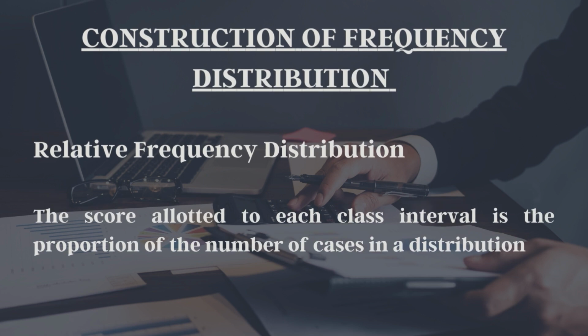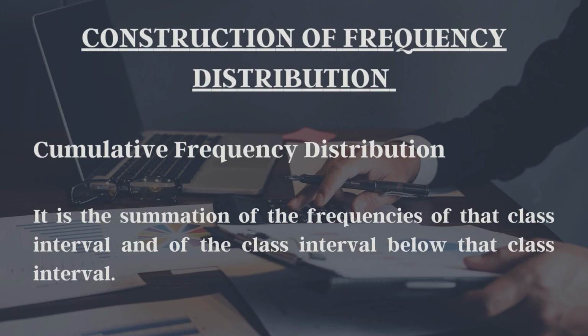In the relative frequency distribution, the score allotted to each class interval is in proportion to the number of cases in that distribution. In the cumulative, it is the summation. Cumulative is always the summation of whatever is there. So it is the summation of the frequencies of that class interval and of the class interval below it. We'll see how the cumulative frequency is calculated.